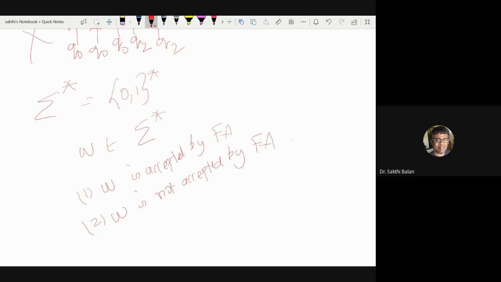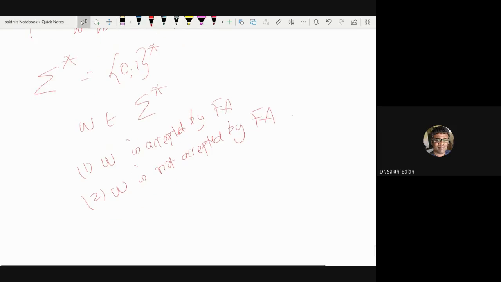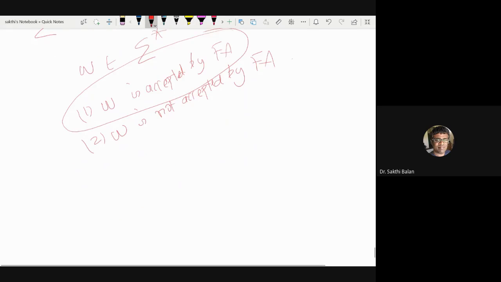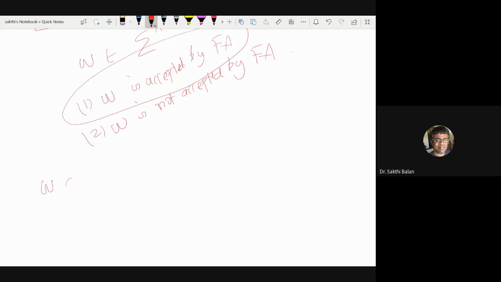So now I will collect all the strings which are accepted by the FA. Whatever string W is accepted by the FA, I will take as a set, whatever be the string W belonging to sigma star.